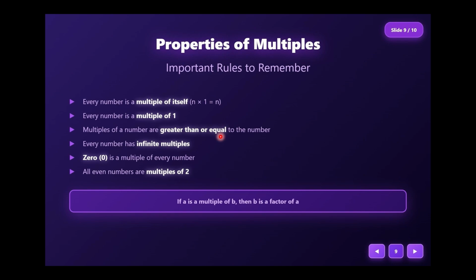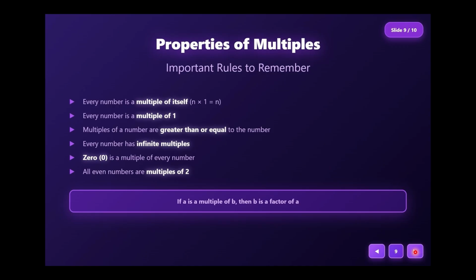And every number has infinite multiples. They never stop. 0 is a multiple of every number because 0 times anything equals 0. And all even numbers are multiples of 2: 2, 4, 6, 8, 10. Remember these and you will ace any multiples question.